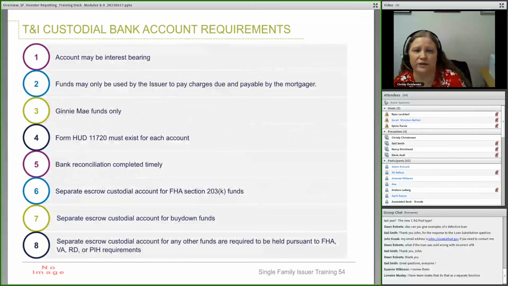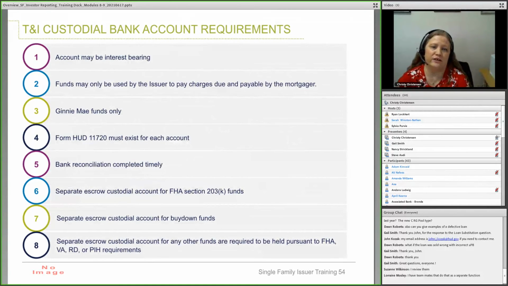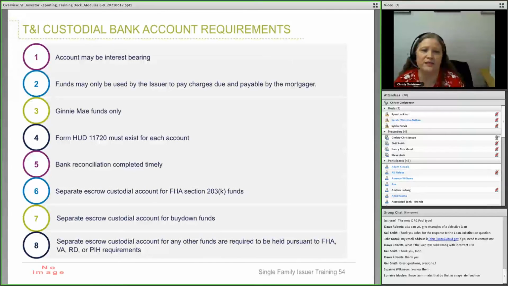T&I custodial account requirements are as follows. Account must be interest-bearing. Funds must only be used by the issuer to pay charges paid and payable by the mortgagor. Must be Ginnie Mae funds only. Must have a HUD 11720 form for each bank account.